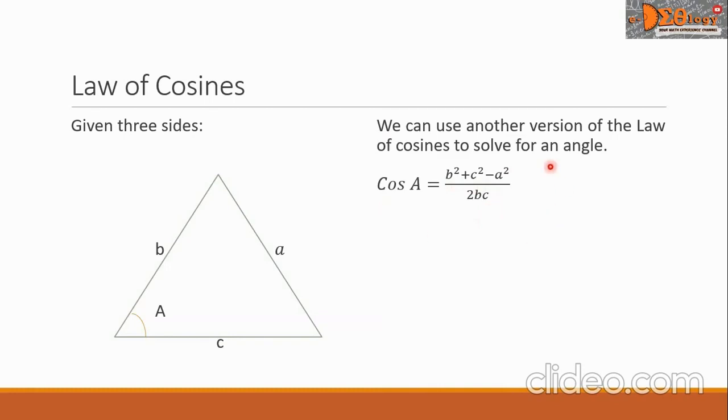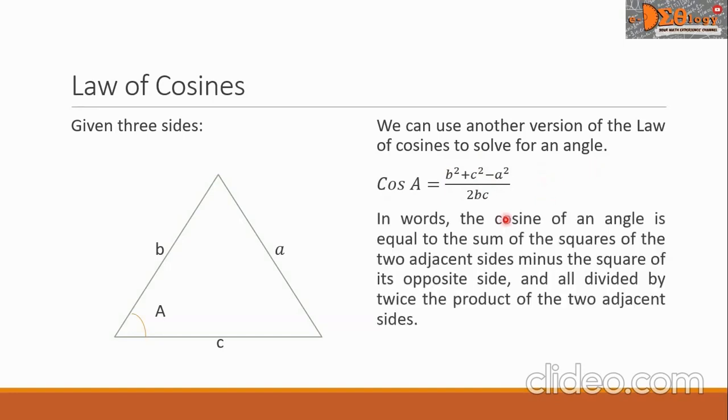This is a manipulated formula of the law of cosines that we saw in the previous slides. In words, the cosine of an angle is equal to the sum of the squares of the two adjacent sides minus the square of the opposite side, all divided by twice the product of the two adjacent sides.